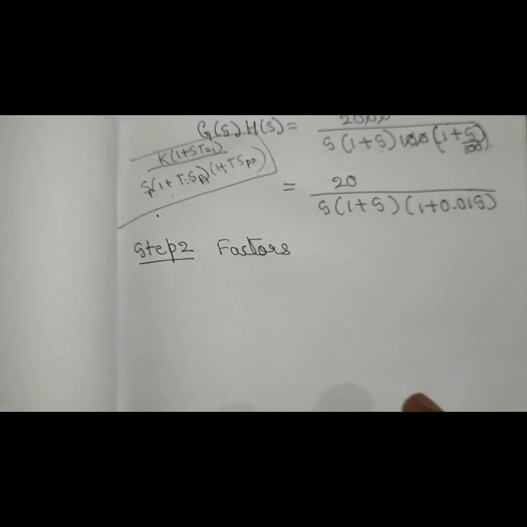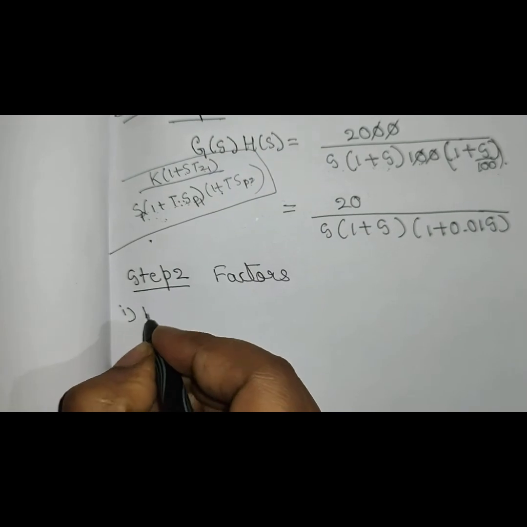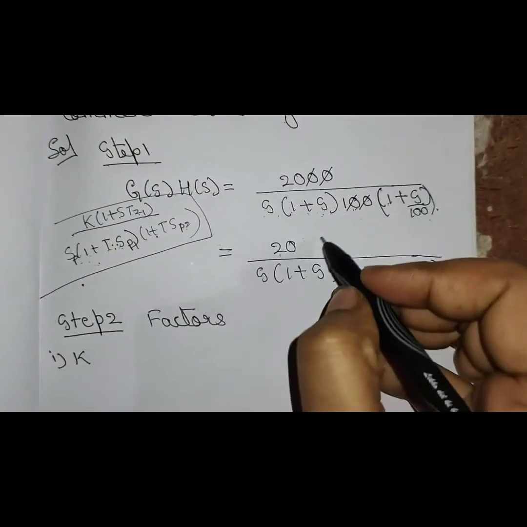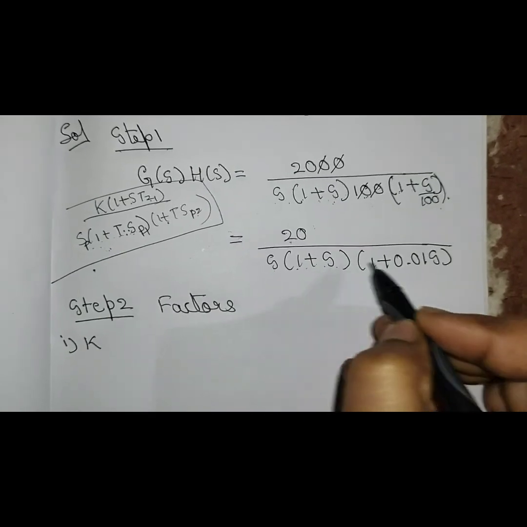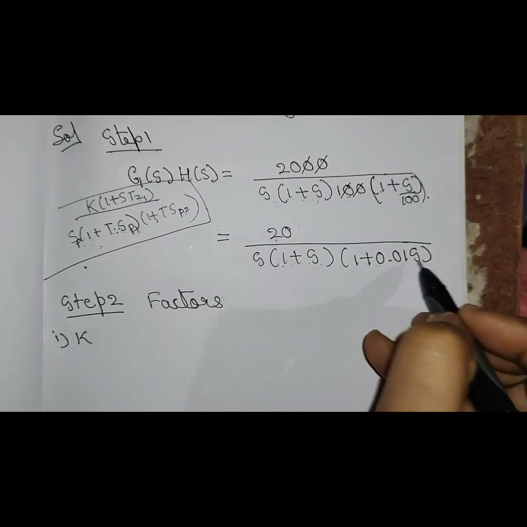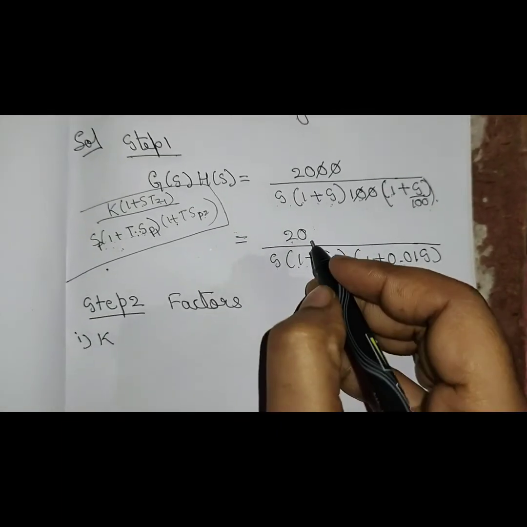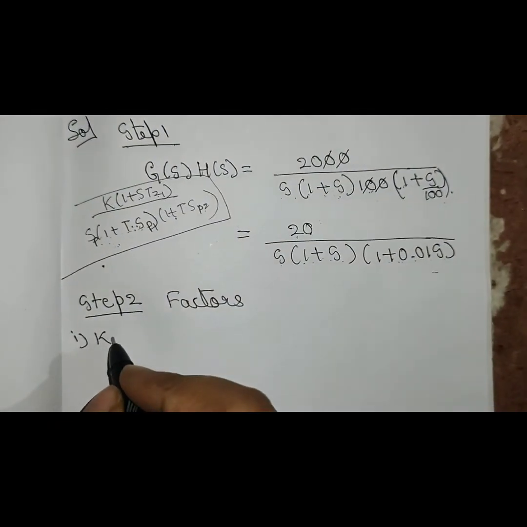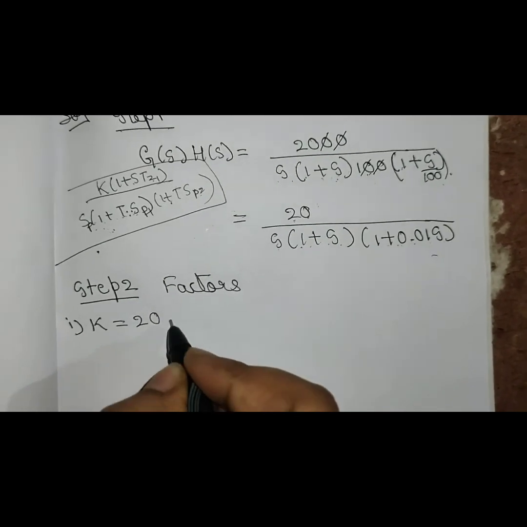So in step 2, factors we need to consider. The first thing is K. So it is a K value. K divided by s into (1 plus T1 s)(1 plus T2 s), like this it is. So this value is nothing but K. So K equals 20.